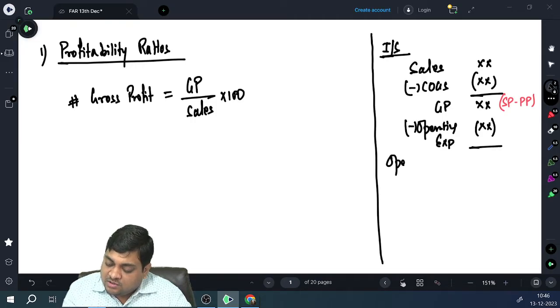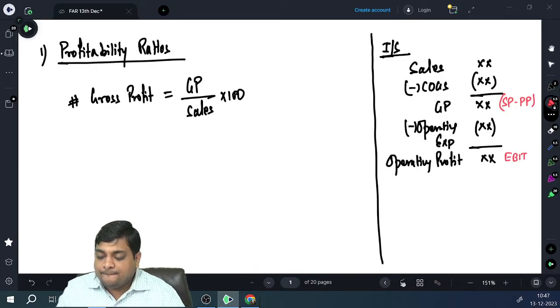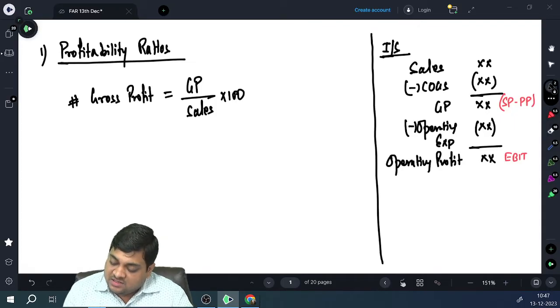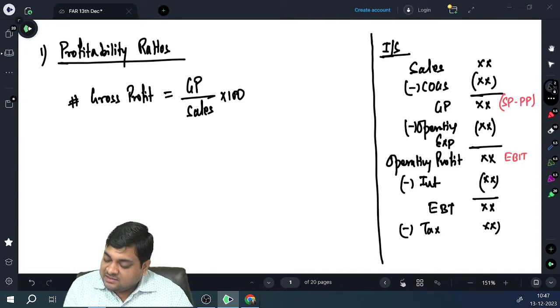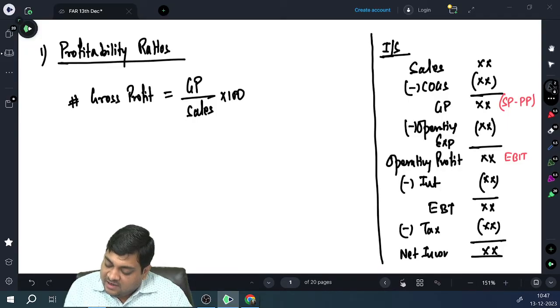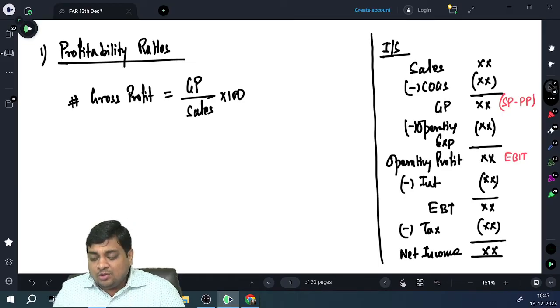So this is your operating profit, sometimes called EBIT, right? And from this we subtract interest, so we get earnings before tax. We subtract tax, so we get net income or net profit, right? This is how an income statement looks.